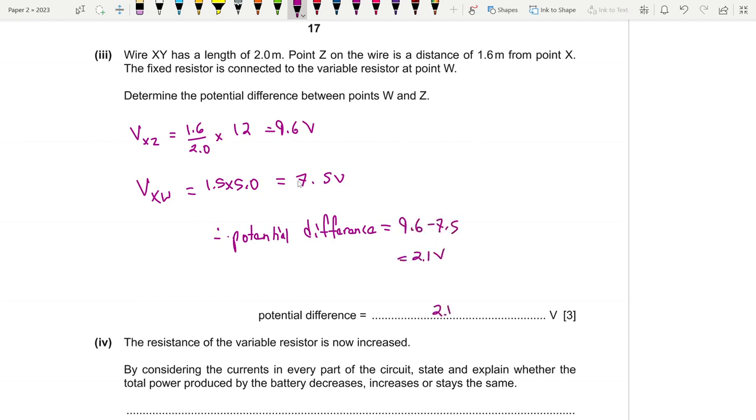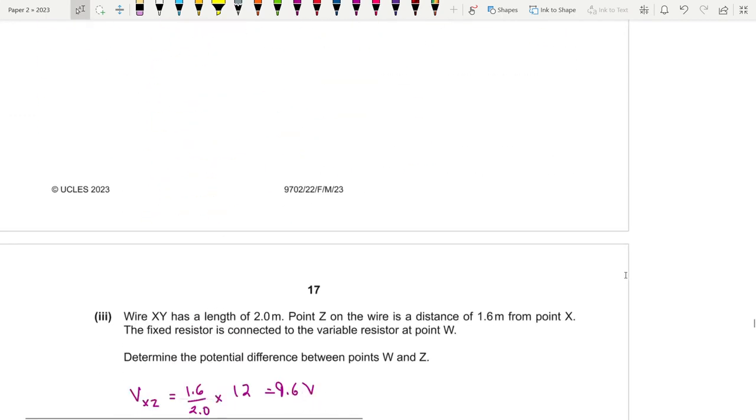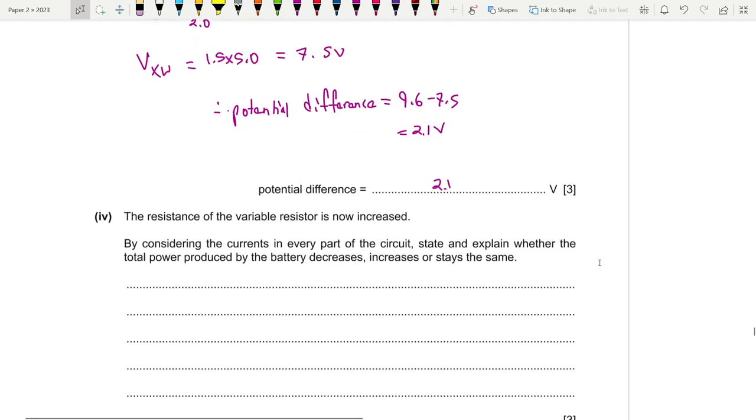Okay, that's that. Or you could find out the voltage of this section, like 0.4 divided by 2 times 12, which is 2.4, right? The one I did over here was a more complicated process. I already had these values, I could just subtract them to get the answer. So both ways work, honestly. Both are accepted in the mark scheme.